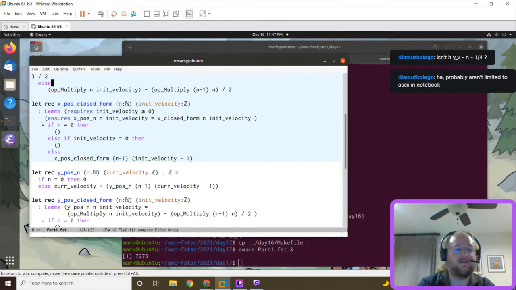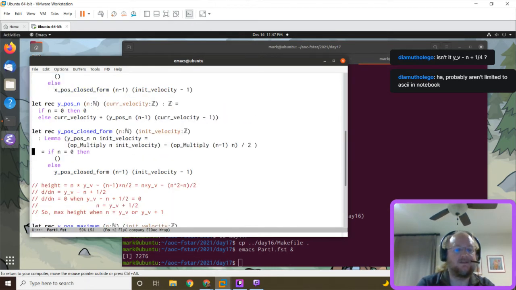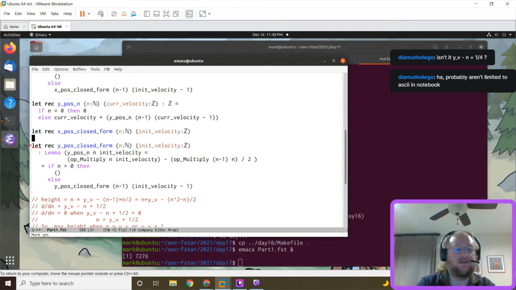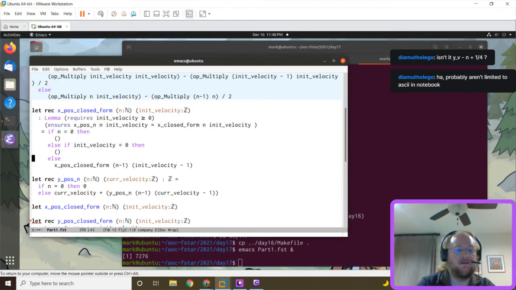So our lemma is... okay, let's write the closed form as its own function. Oops.